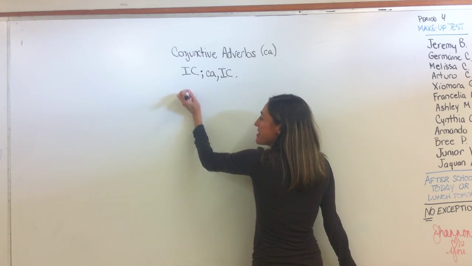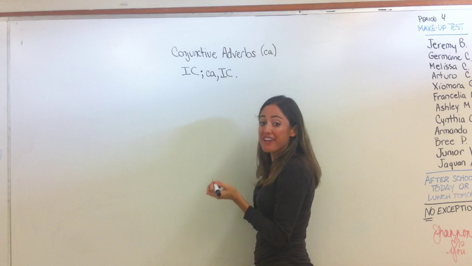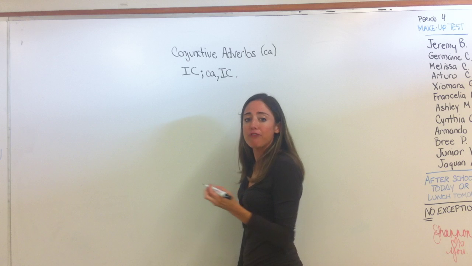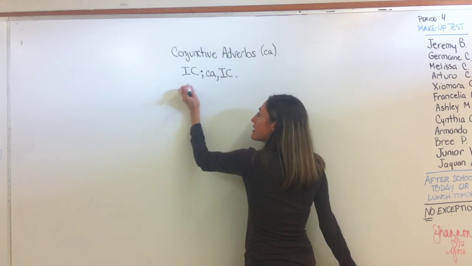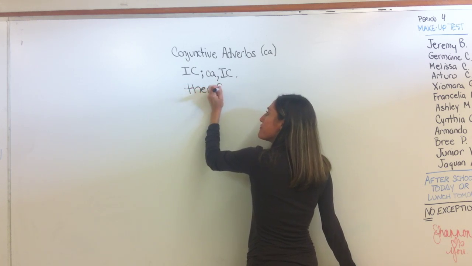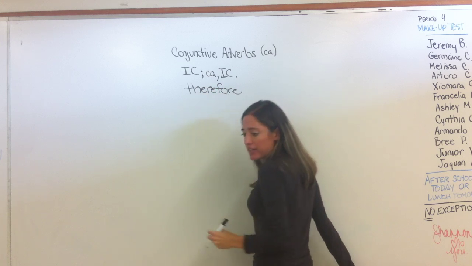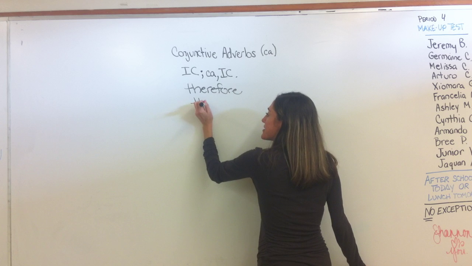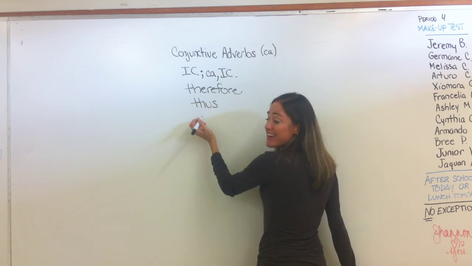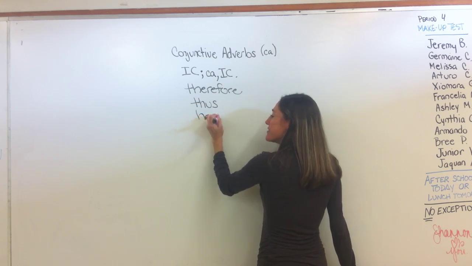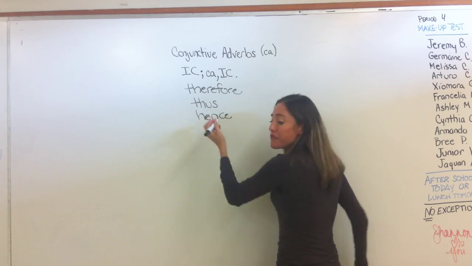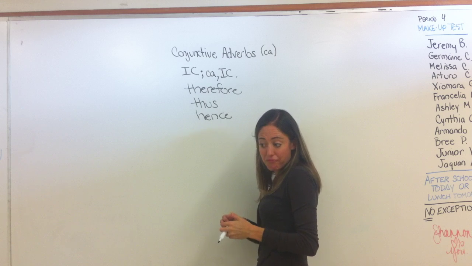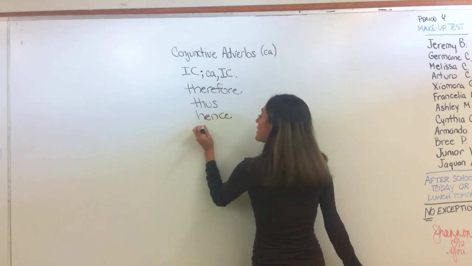Let's start listing them. They're your big words, those big fancy words that you never use nowadays, but they sound great in essays. Words like therefore, thus, hence. Make sure you're writing these if you're in my class. Can you think of any others? How about consequently?